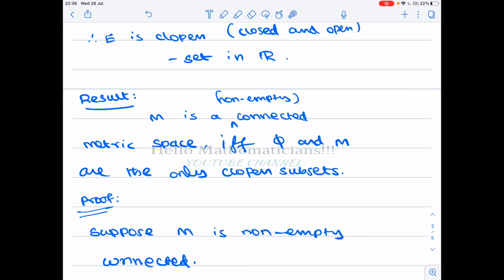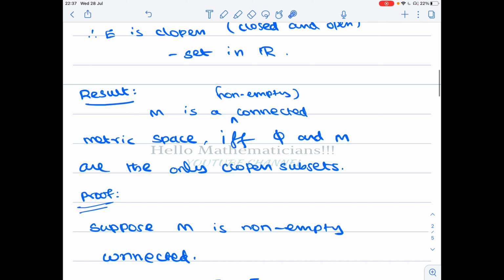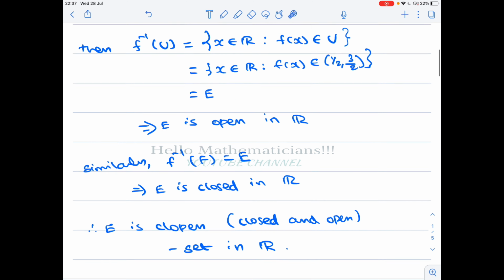Therefore, the empty set and R are the only clopen sets. So there are no other clopen sets.